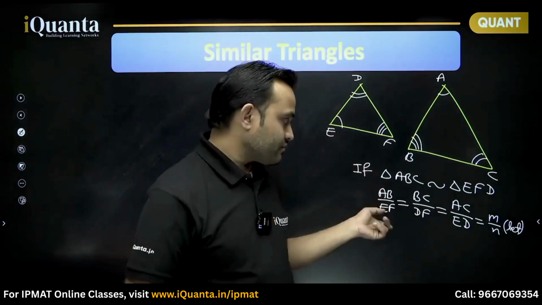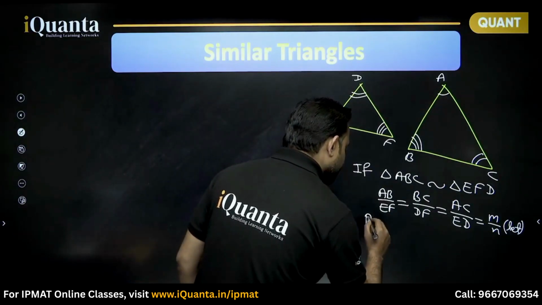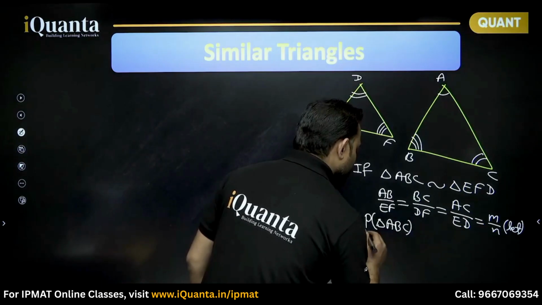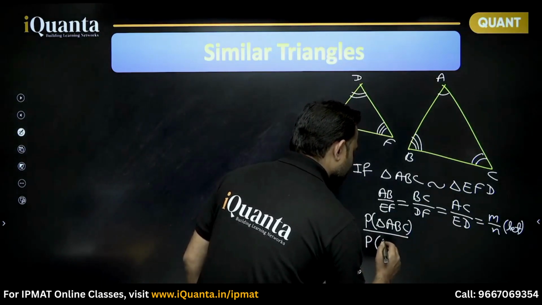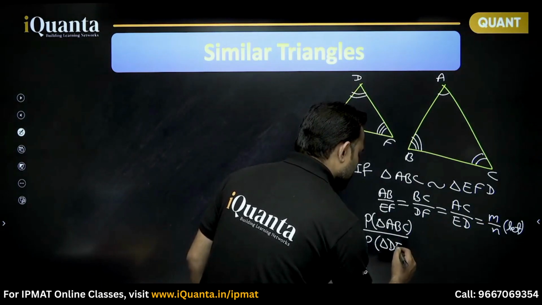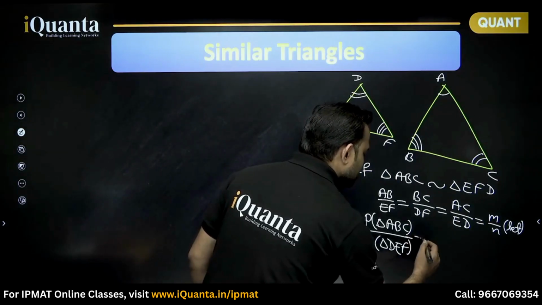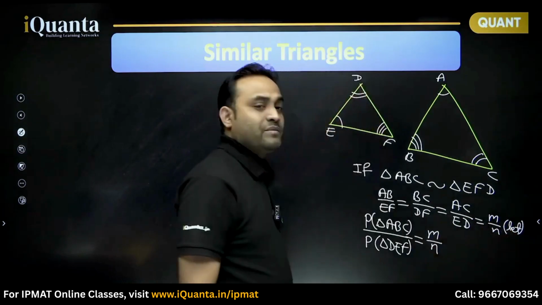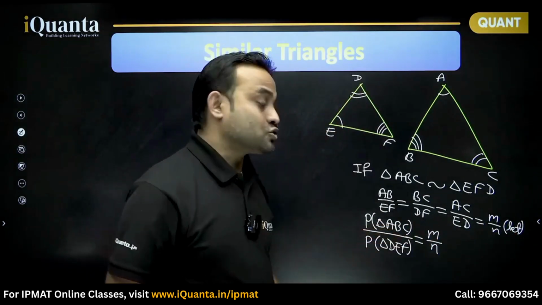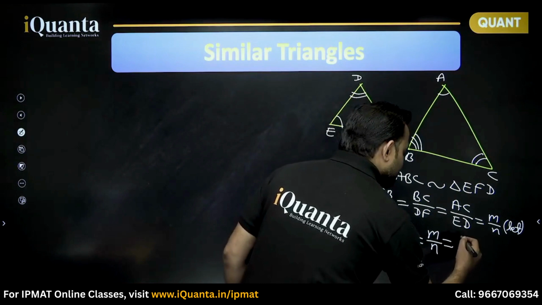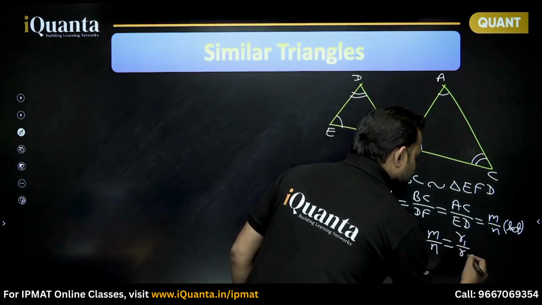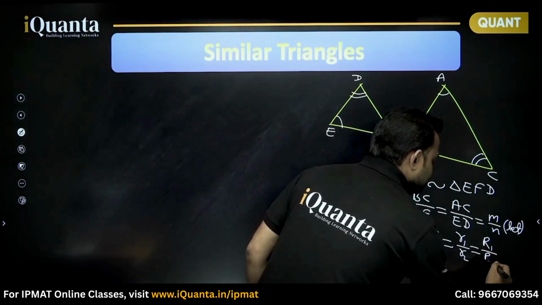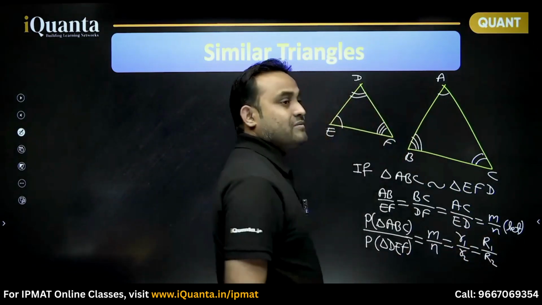So the perimeter of triangle ABC divided by the perimeter of triangle DEF, and here it doesn't matter how you write DEF, will be the same as the ratio of side lengths, which is m by n. This will also be the same as the ratio of their circumradius, and the ratio of their inradius.